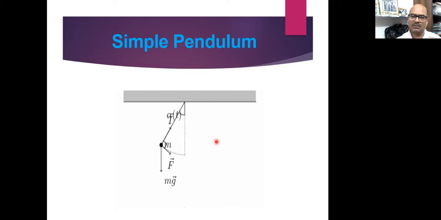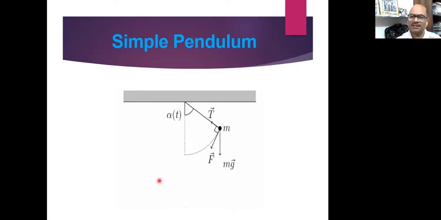It is working to bring the bob towards the mean position, and the weight of the bob is working downward, and the tension on the string is working towards the point of joint. The component of this weight which is working along F will be our restoring force.